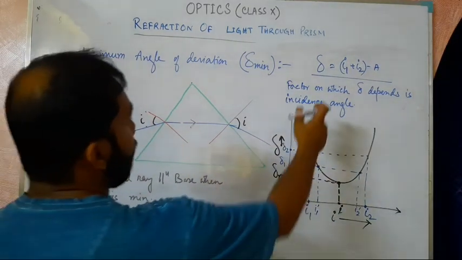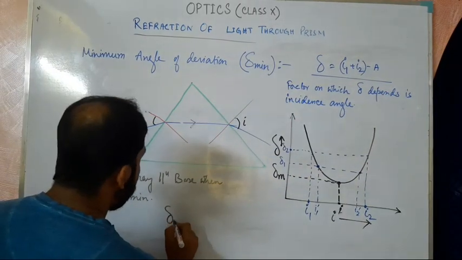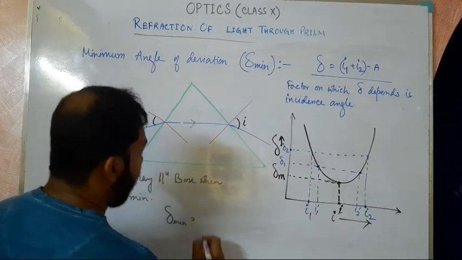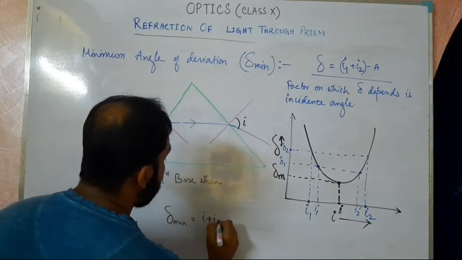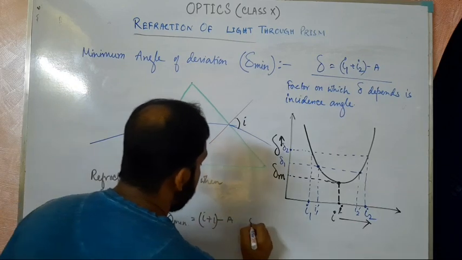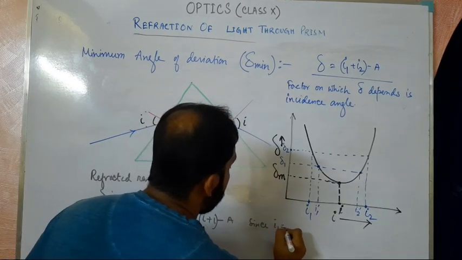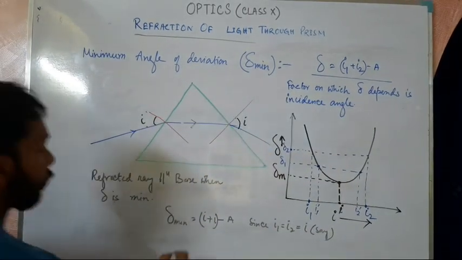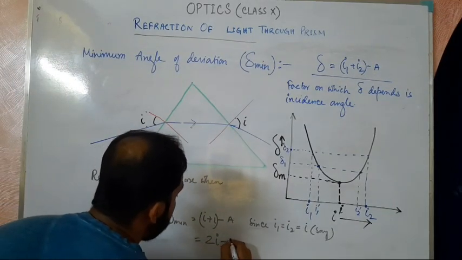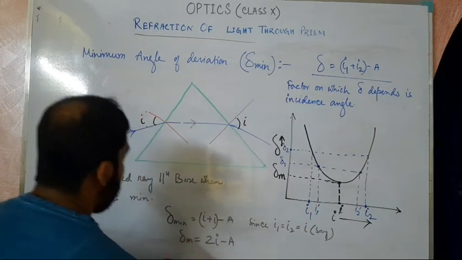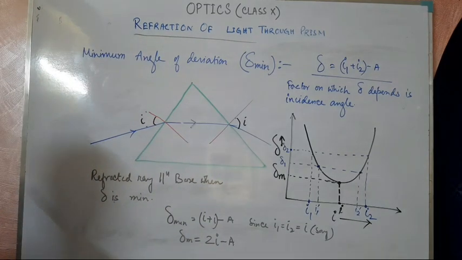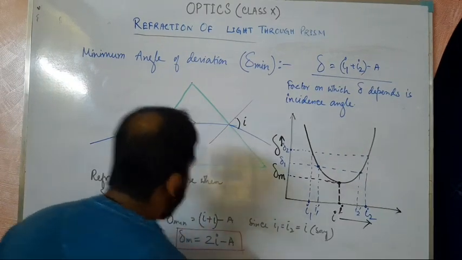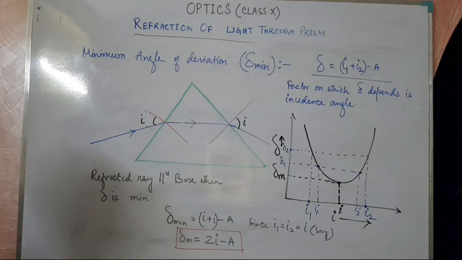Hence, what will be the value of delta minimum? I1 plus I2 minus A will become I plus I minus A. Since both I1 and I2 are now the same, it will become 2I minus A. So delta minimum has a value 2I minus A. This is the minimum value of deviation for a prism.